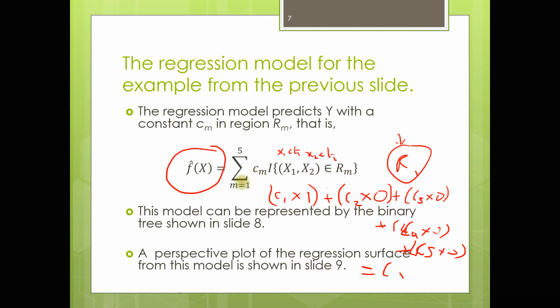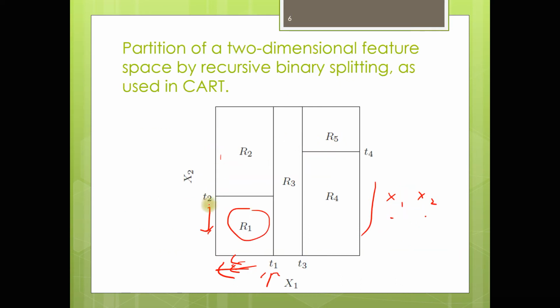And now, having understood it for region 1, you can consider another split point. Let's suppose you consider the other split point, x1 is less than t1 and x2 is greater than t2. This does not belong to region 1 as you saw in the previous diagram. It does not belong to region 1 because now x1 less than t1 and x2 greater than t2 belongs to region 2.